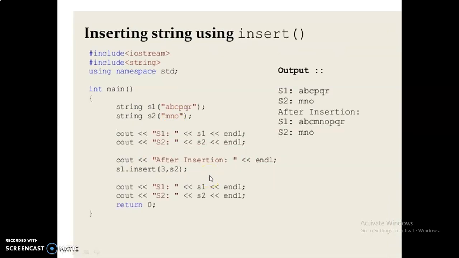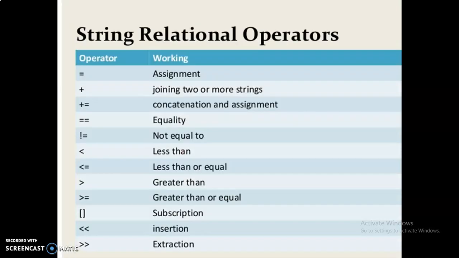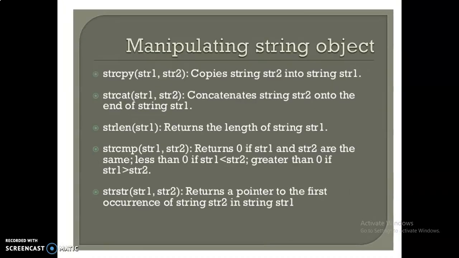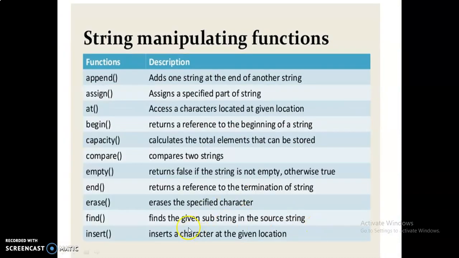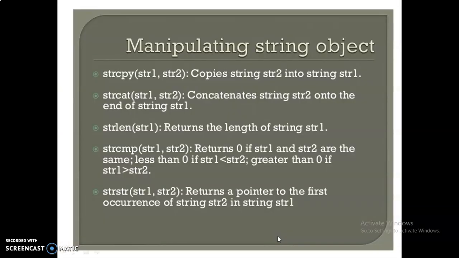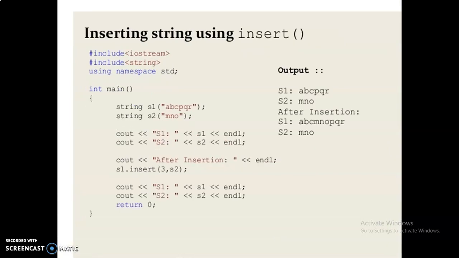So this is inserting a string using the insert function. What is the use of the insert function in C++? It is used to insert characters at the given location.